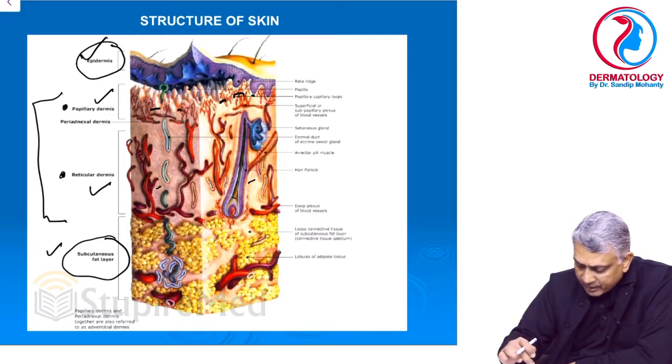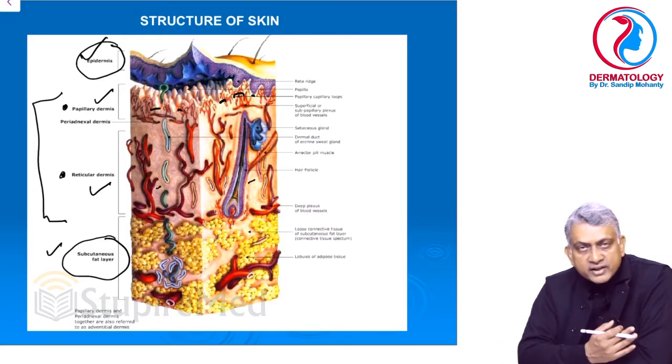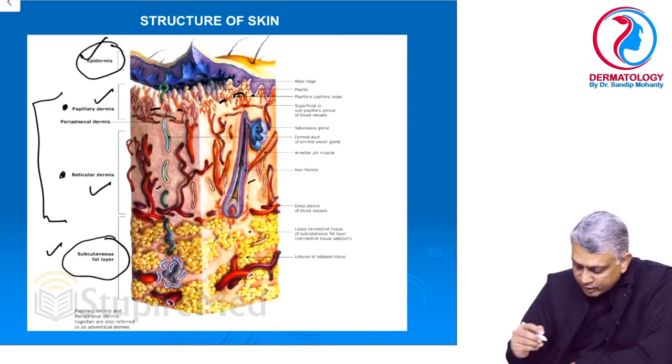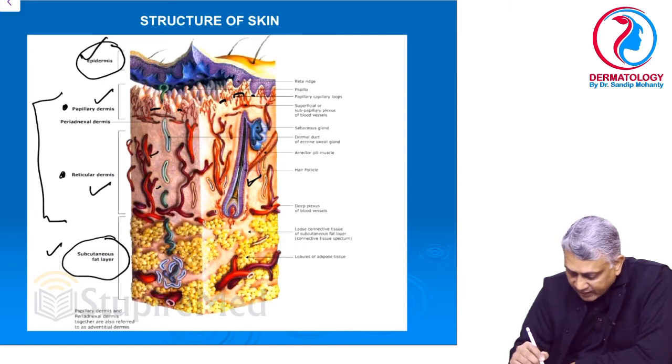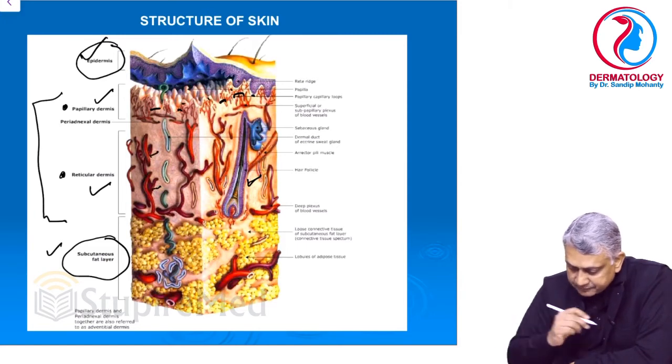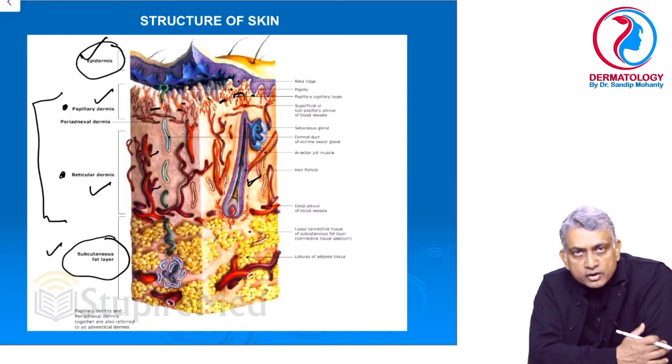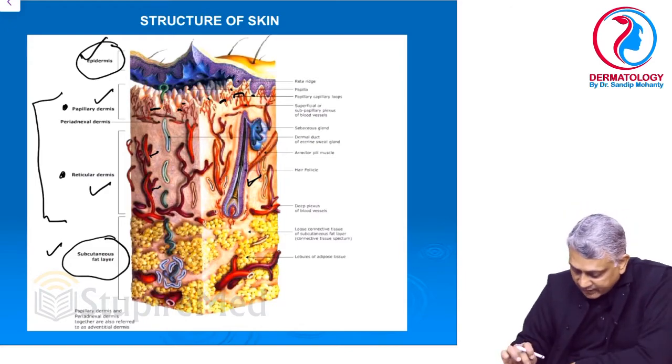Apart from the epidermis, dermis and subcutaneous layer, what does skin contain? It also contains appendages. You can see these pilosebaceous units, these eccrine glands, and these blood vessels as well.